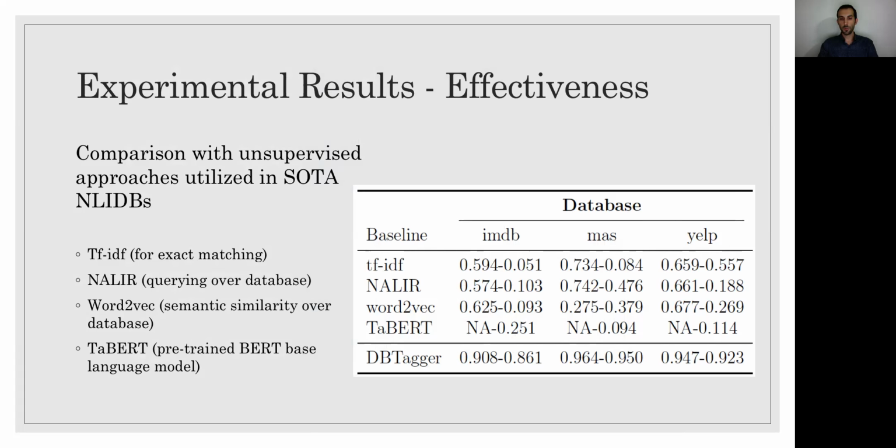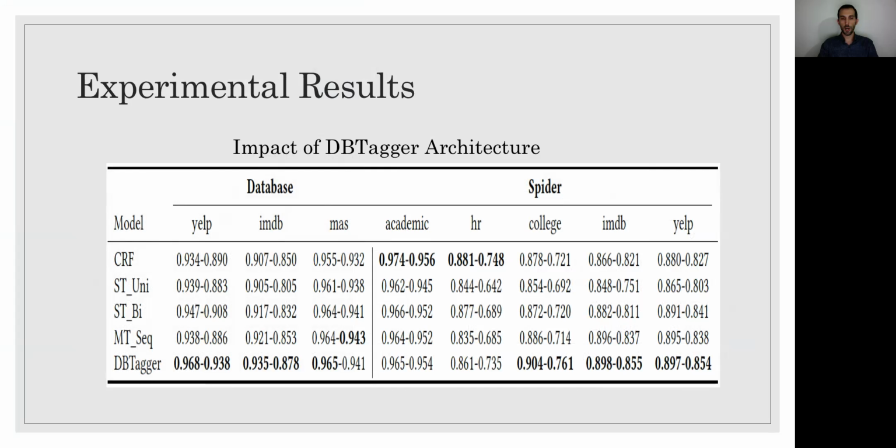In this particular experiment, we evaluate the architecture of DBTagger. You can see that we have 8 different data sets here, and in 6 of them, DBTagger outperforms all of the other supervised architectures.